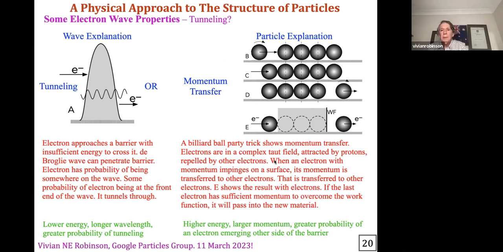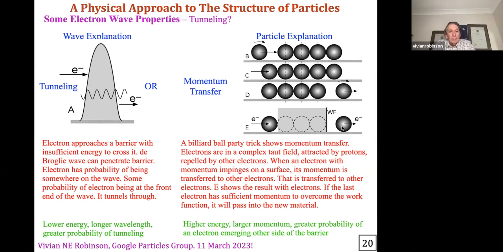They basically respond to every stimulus. So you have an electron coming along that will hit into a target and transfer momentum through the barrier. And if at the end an electron has sufficient energy to overcome the work function between the two surfaces, it'll pop out the other end.